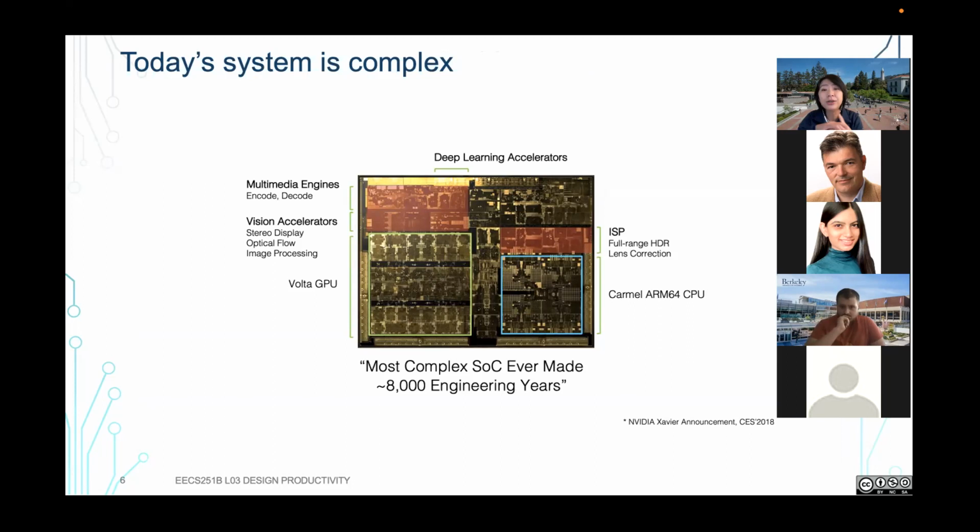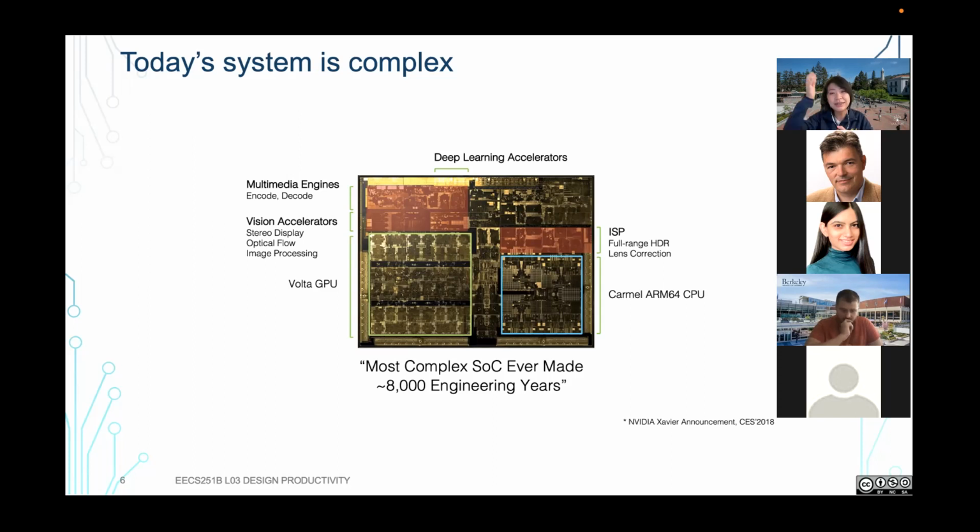So a range of different hardware is being integrated into the system. When we think about this system, it's not just a CPU or GPU. There are a range of different IPs, accelerators, and co-processors, all of which need to be integrated onto this platform, the system on chip.